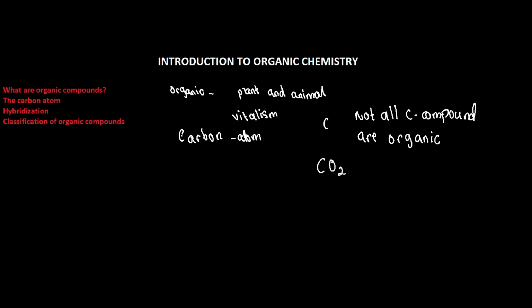Carbon dioxide is a carbon compound, but it is not an organic compound. Another example is carbon monoxide. Carbon monoxide is a carbon compound, but it is also not organic. We also have an example like calcium carbonate. Calcium carbonate contains carbon as a constituent element, but it is not an organic compound.